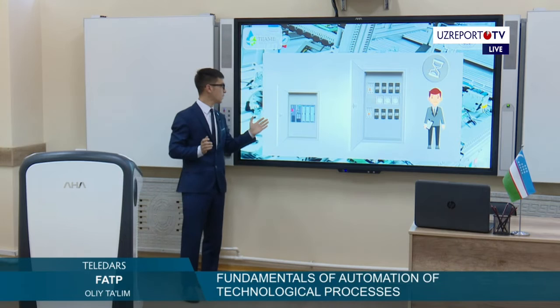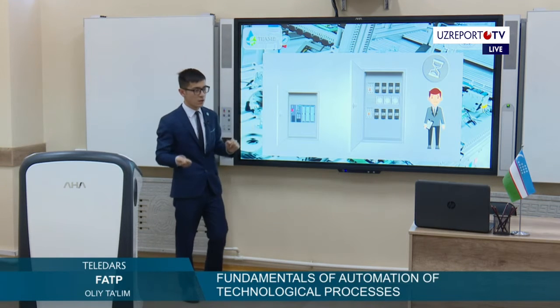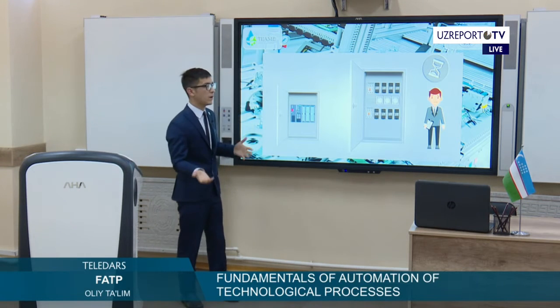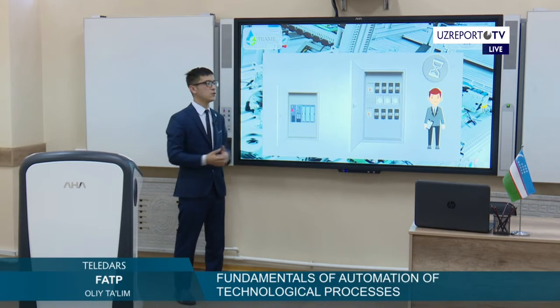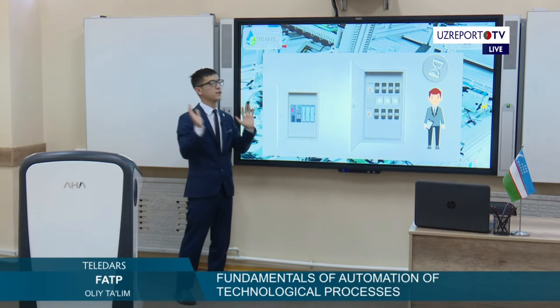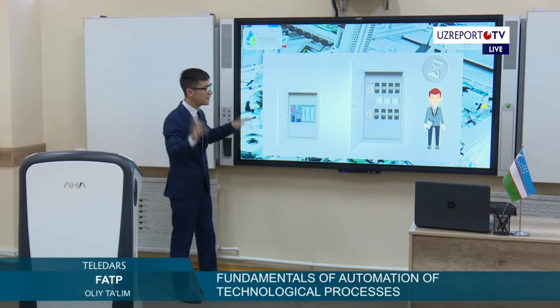But in programmable controllers, you just download the program from your own computer with Ethernet or another type of module. You connect and just download, and then the process starts.